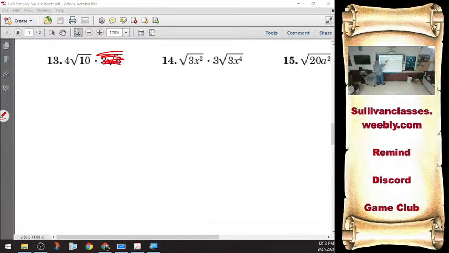So like this wouldn't be here. Don't do that. So I would have broken up that 10 into 2 times 5, its prime factors, and I would look for pairs. What times itself? Well, I don't see a pair of 2s. I don't see a pair of 5s. I don't see a perfect square. Nothing can come out of radical land.